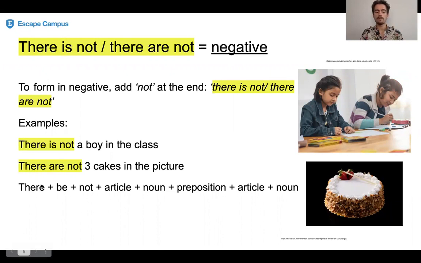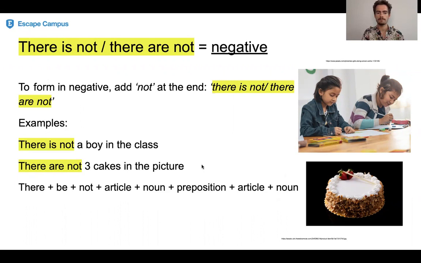So we have there, the verb be, not, an article or a number here, the noun in singular or plural, a preposition in, article the, and the noun at the end.